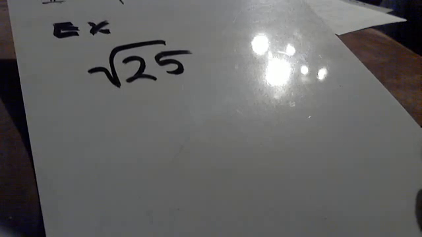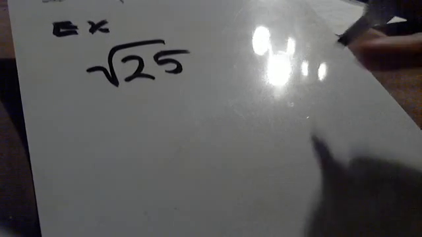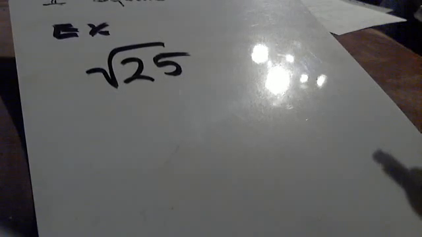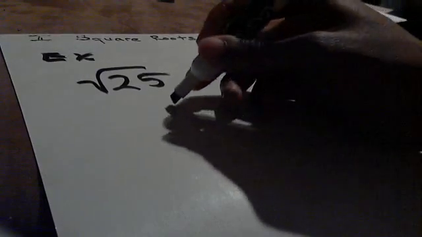Well, by that definition, what we want to do is find some number such that when we multiply that number by itself, we get this 25 right here. Okay? What number can we think of? Well, 5.